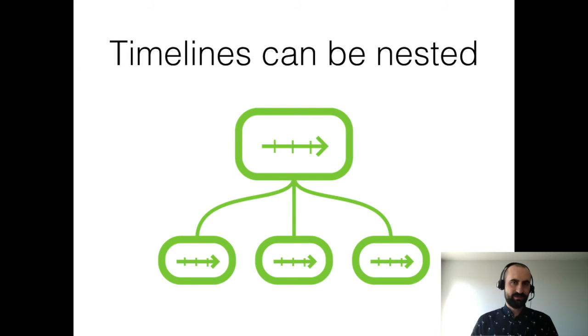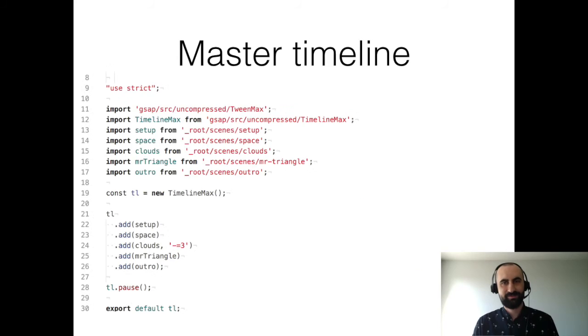I said before that timelines can be separated into smaller chunks, and that's cool. But what's even cooler is that you can nest those chunks inside bigger chunks, and those bigger chunks inside even bigger timelines, and that makes it possible to do things like this.